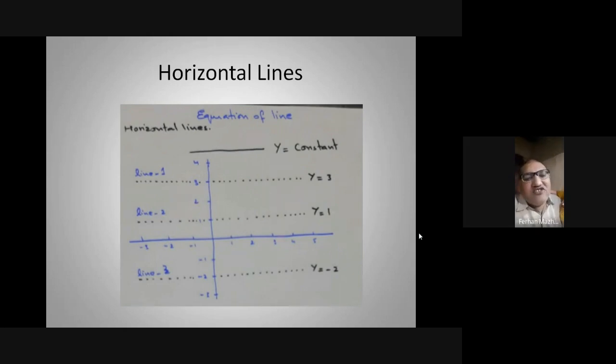If the lines on the graph are horizontal, you can see on the screen that I have shown a grid, and on that grid with the black dots, I have shown 3 lines: line number 1, line number 2, line number 3. And each line is horizontal, it's parallel to the x-axis.